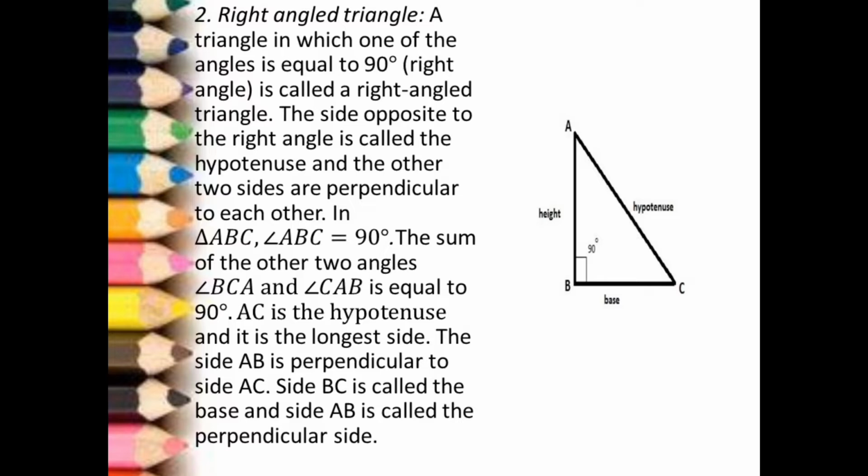In this triangle ABC, angle ABC is equal to 90 degrees, and the sum of the other two angles, angle BCA and angle CAB, is equal to 90 degrees. And in a right angle triangle, AC, which is the hypotenuse, is the longest side of the triangle, and the side BC is called the base, and the side AB is called the perpendicular. Hopefully it is clear to you.